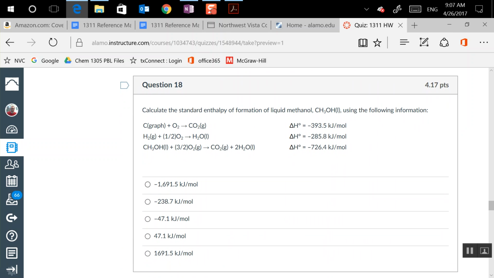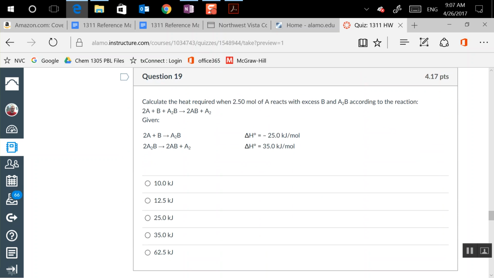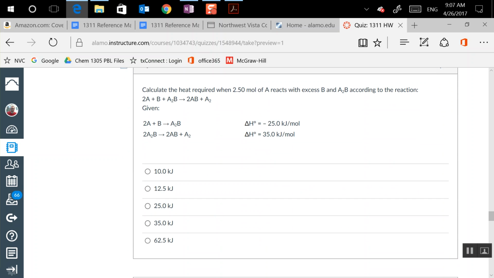Calculate the standard enthalpy of formation of liquid methanol. Hold on. Methanol. Okay. Might be a better example. Oh yeah, this one's a better example. Okay.